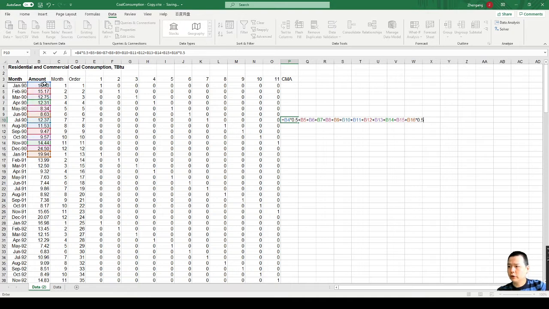The first January and last January get 0.5; the others are whole months. That's the average for the whole year, around. That is called centralized.